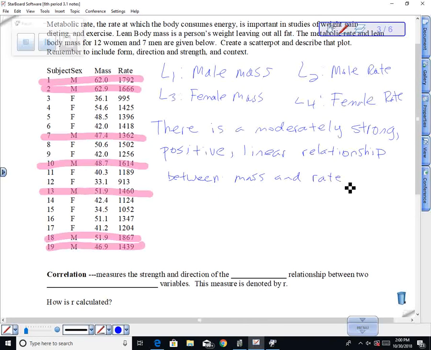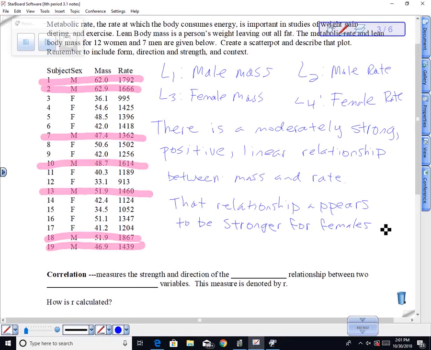And then one thing I'm going to note here, since I did them in different colors and I know that it's true, that relationship appears to be stronger for women than men. Or you could say for females than it is for males. So that is how we can sort of incorporate that categorical piece into it.